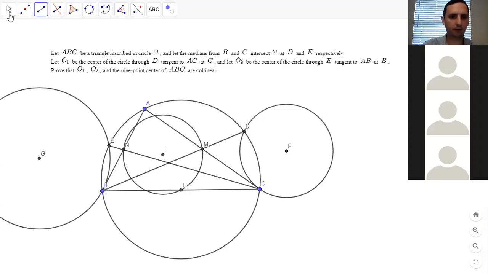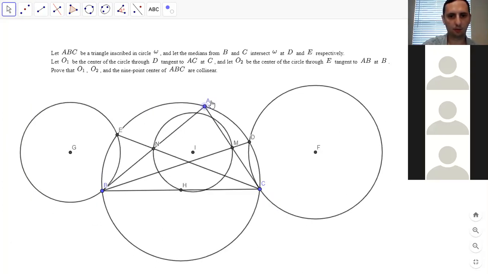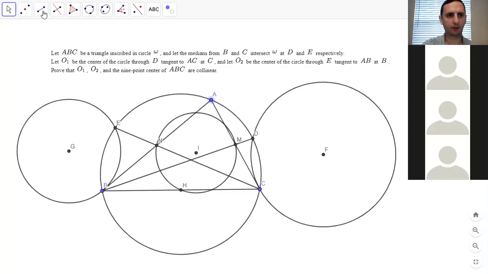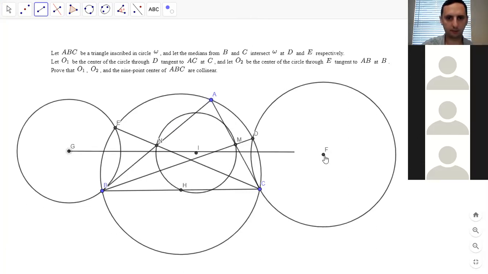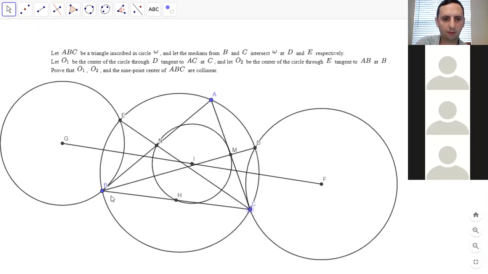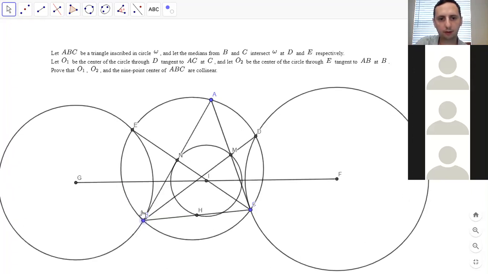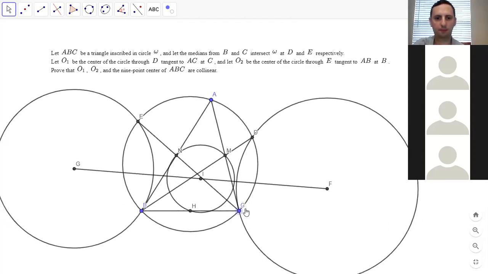So it almost looks like GF is parallel to BC, but it's not true. So yeah, let me draw that segment. We want to show that these are collinear. Let me try to draw it so it doesn't look parallel to BC. Yeah, if it's a taller triangle, then it doesn't look as parallel. Kind of like that.